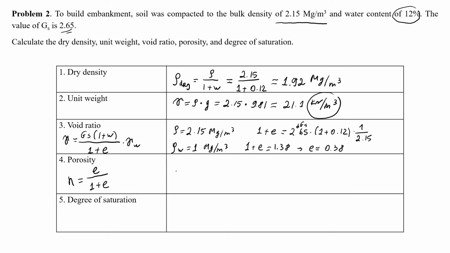And then we're just going to rewrite it as porosity is equal to void ratio divided by 1 plus void ratio, and that will be about 0.275, or we can change it to percentage, 27.5%. Remember that we don't use percentage for void ratio, but we can use percentage for porosity.